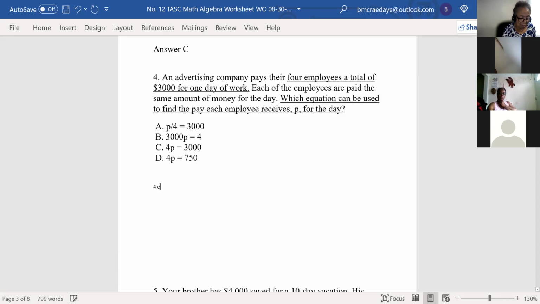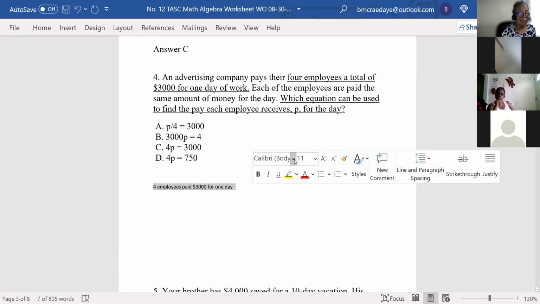4 employees paid $3,000 for 1 day. All right, 4 employees are paid $3,000 for 1 day.